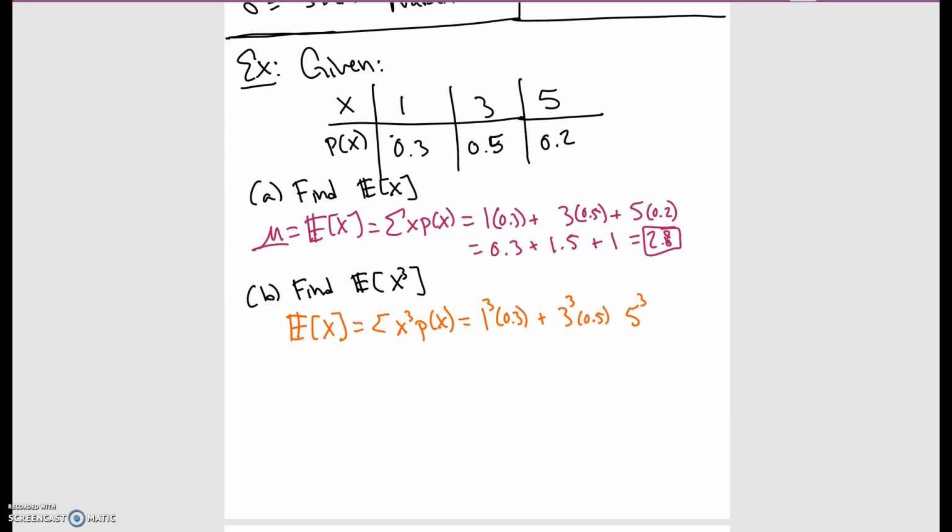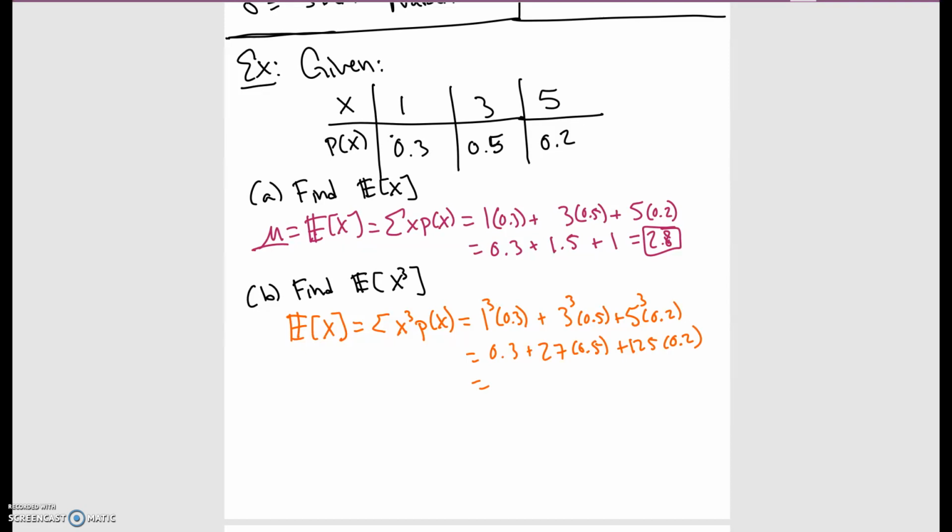And this is going to be 0.2. So this is still going to give me 0.3. 3 to the third power is going to give me 27 times 0.5. And 5 to the third power is 125 times 0.2. Now I'm going to put this into my calculator.